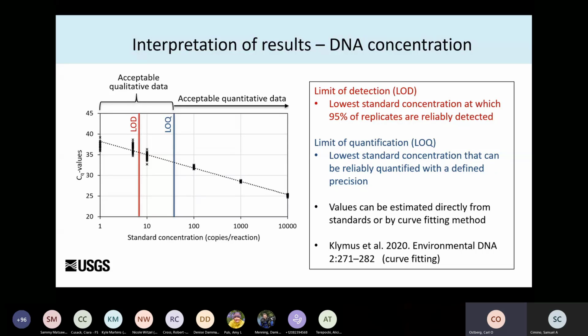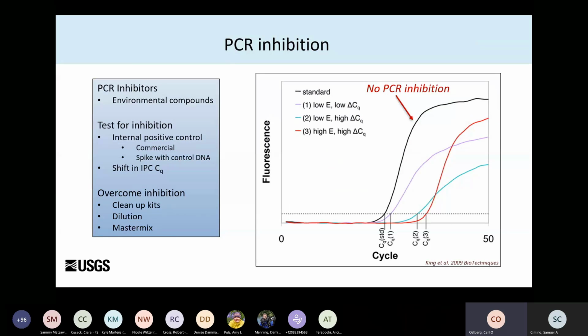Sorry, the last thing I'm going to talk about that is specific to PCR is PCR inhibition, and it's not uncommon for PCRs to be inhibited by compounds that naturally occur in the environment, like humic acid or tannic acid.